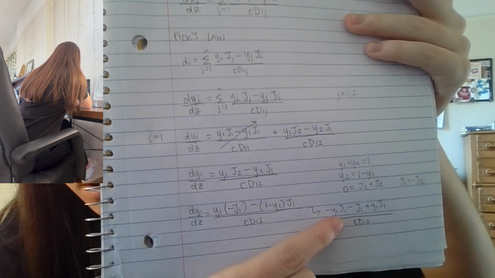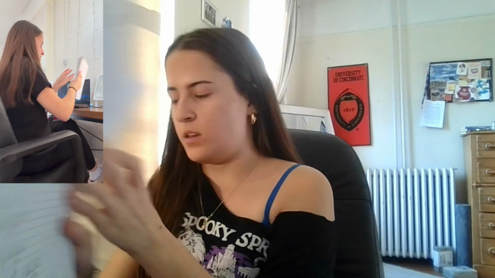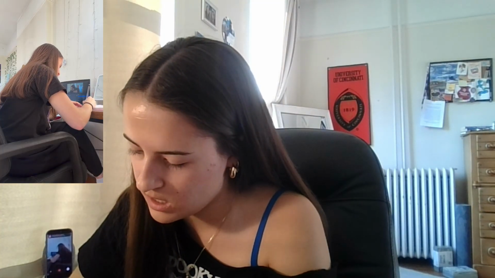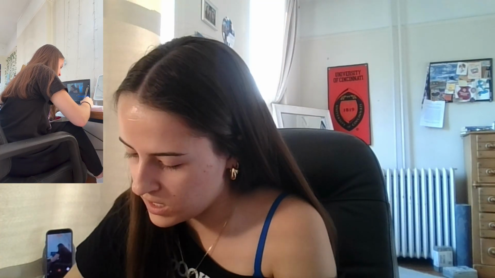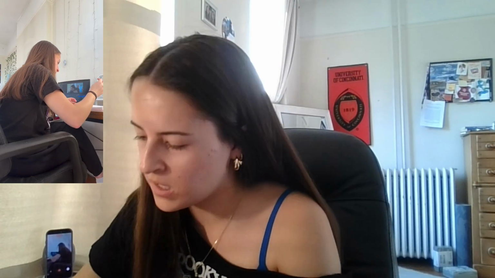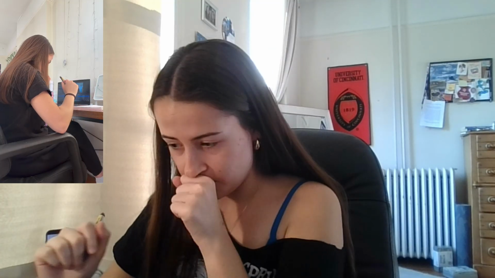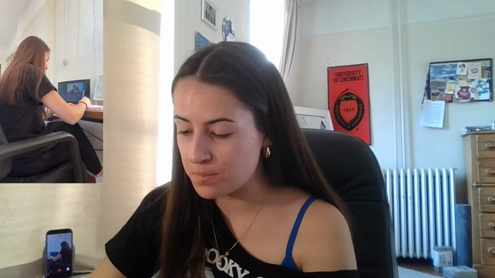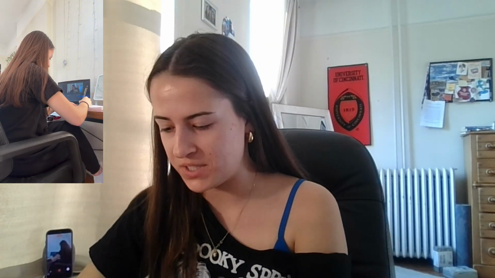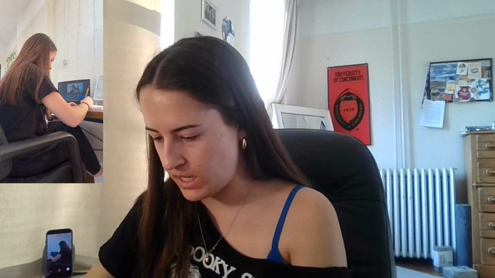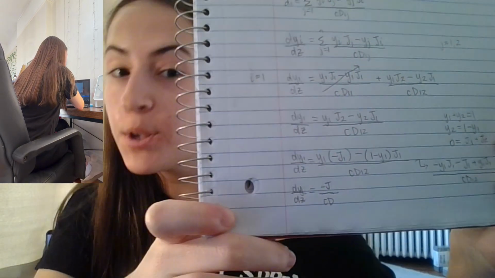So now we can see that the y1 j1 will cancel, and we have dy1 over dz equals negative j1. I'm going to go ahead and get rid of our subscripts. So we have dy over dz equals negative j over cd. So this should be looking very familiar to you.